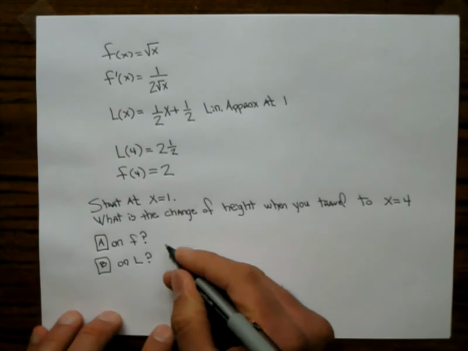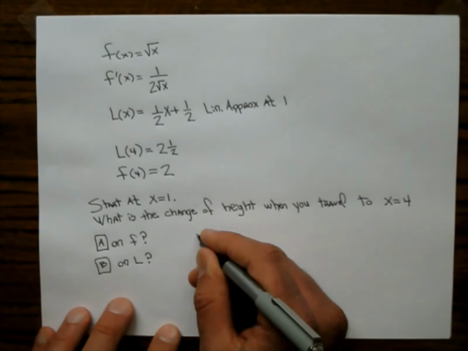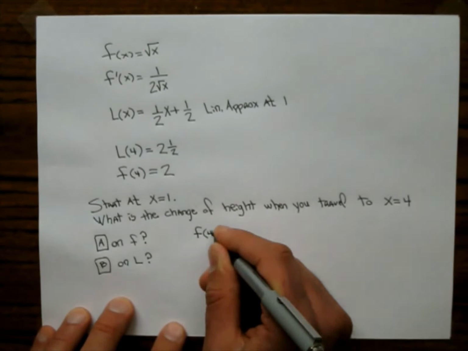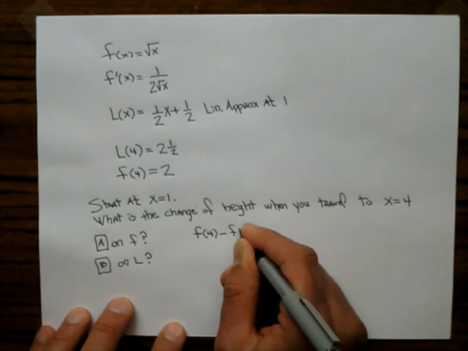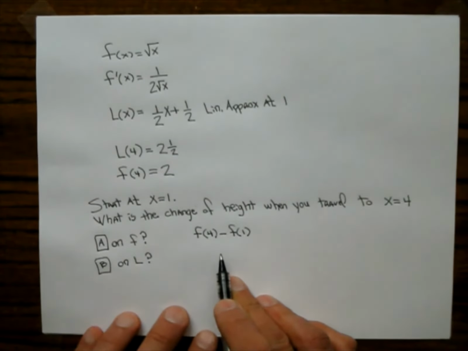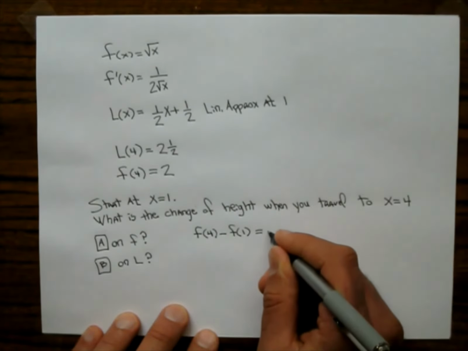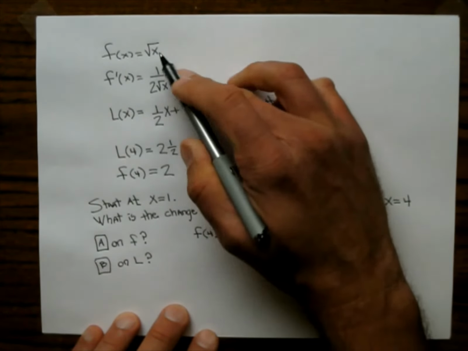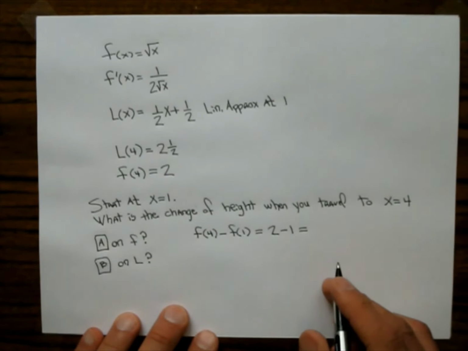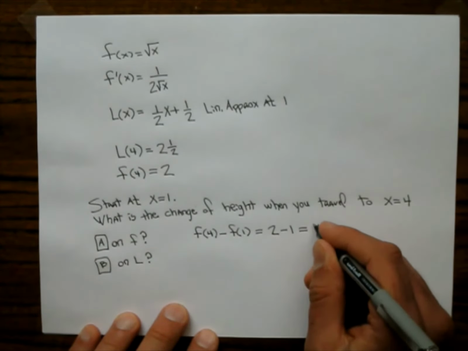Okay, so I'm going to leave a little space, and I could go back to the picture. We'll verify this with a picture, but when I travel on f, my change of height is really this: f of 4 minus f of 1, which happens to be the displacement of the bug. So I don't know if we remember back to the bug. And so f of 4 is 2. This is the square root of 4 is 2. And f of 1 is 1. So the change of height when I travel from x equals 1 to x equals 4 on the graph of f is 1.